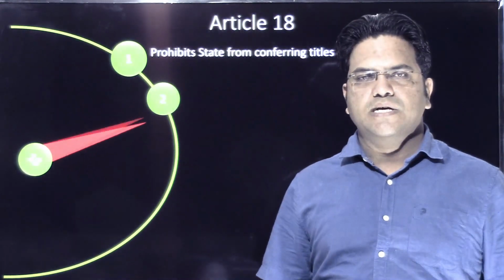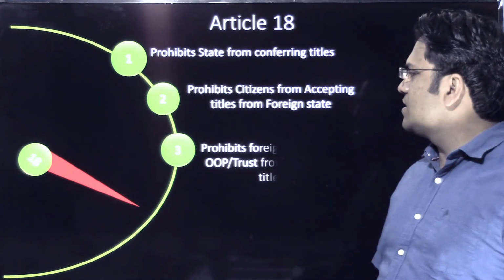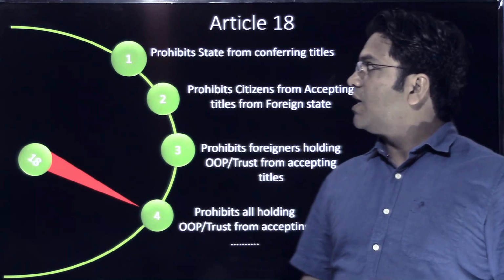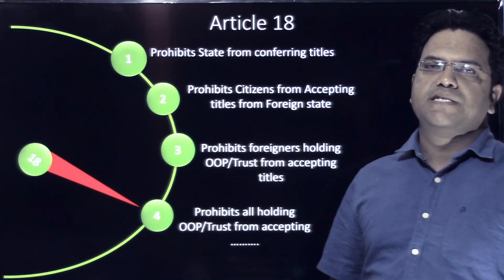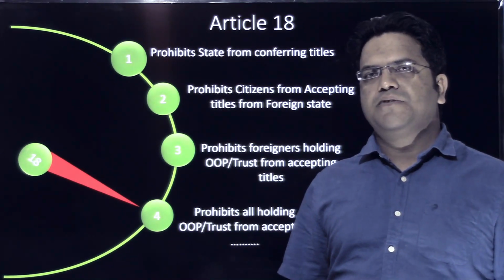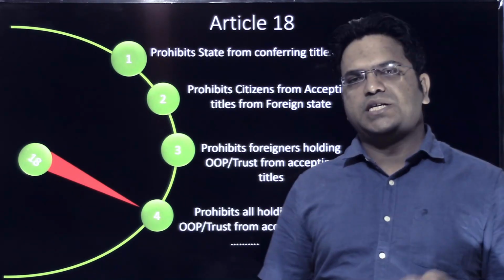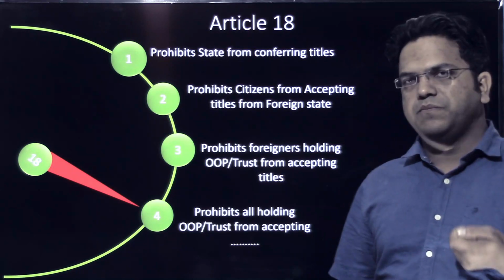Let us move to the next slide and see how many clauses Article 18 has. As you can see on the screen, there are four clauses. Clause 1 prohibits the state from conferring any kind of titles. Clause 2 prohibits citizens from accepting any titles from foreign states.